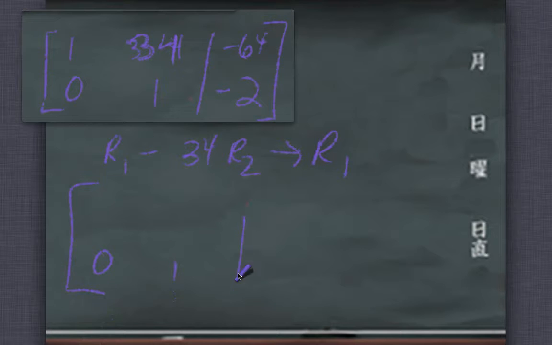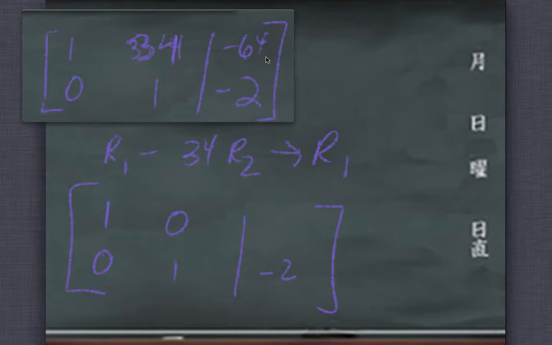So row 2 stays the same. Row 1 minus 34 times 0 is still just 1, so that's the purpose of the 0 here. 34 minus 34 times 1 is 0. Negative 64 minus negative 2 times 34 is 68.